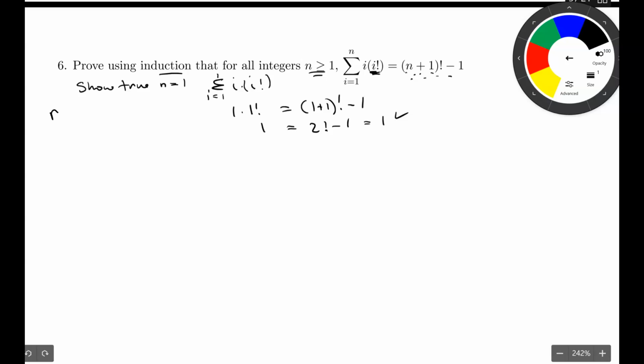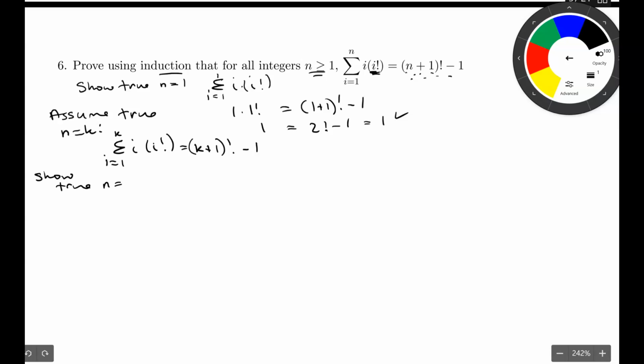Okay, so I want to assume true for n equal to k. So the sum from i equals 1 to k of i times i factorial equals k plus 1 factorial minus 1. Okay, so I want to show true for n equal to k plus 1.